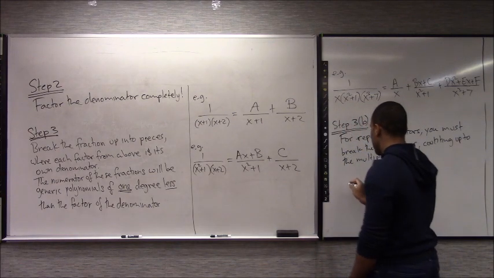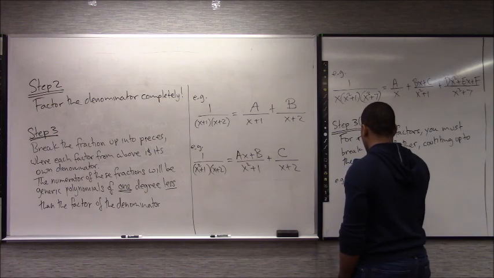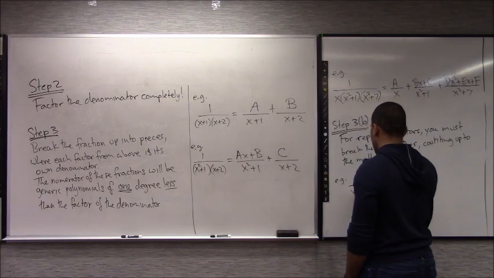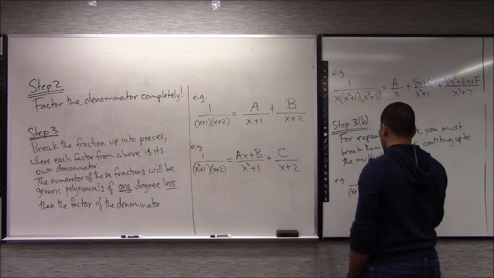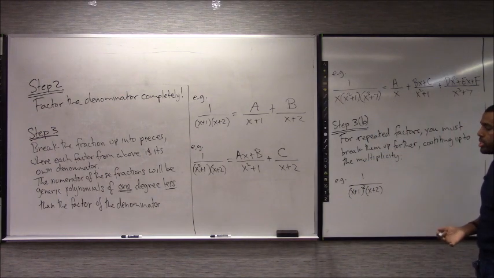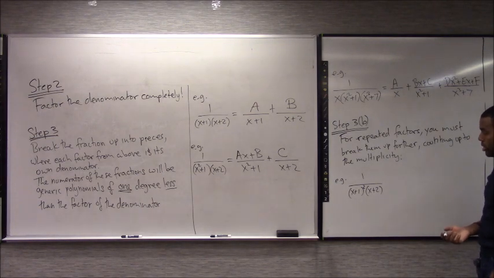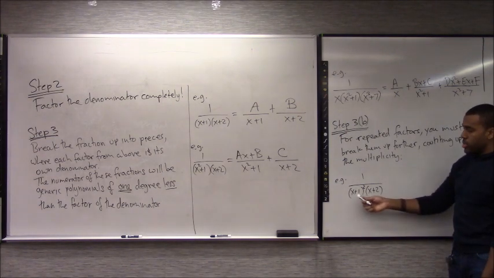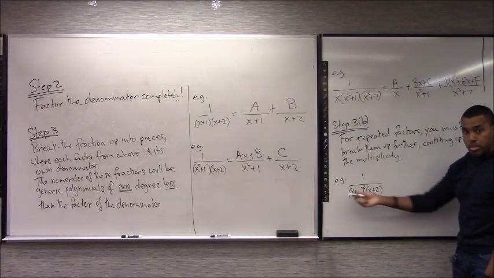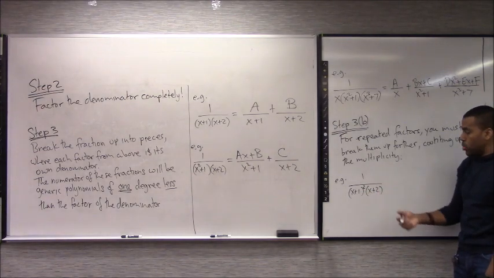Let's say you have something like 1 over (x plus 1) squared times (x plus 2). So here there are really 2 factors. There's the x plus 1, there's the x plus 2. However, the factor x plus 1 is repeated. There are 2 of them being multiplied, right? It's x plus 1 and x plus 1.